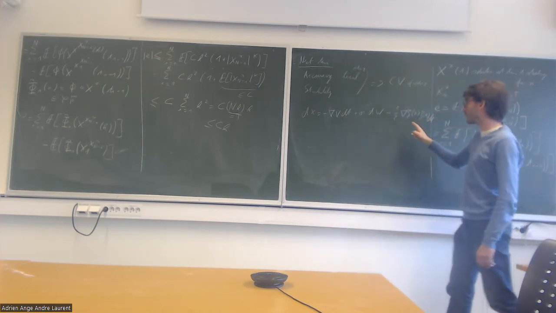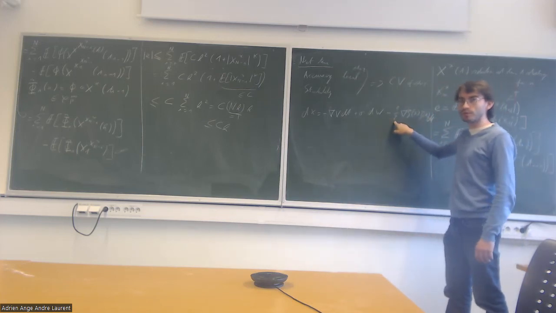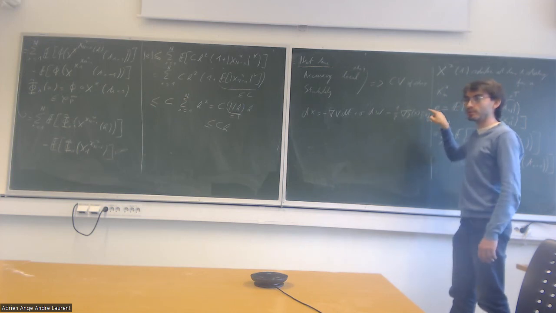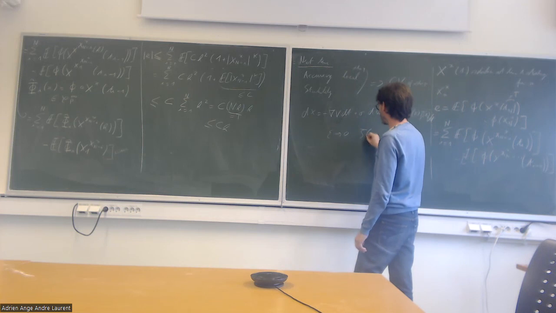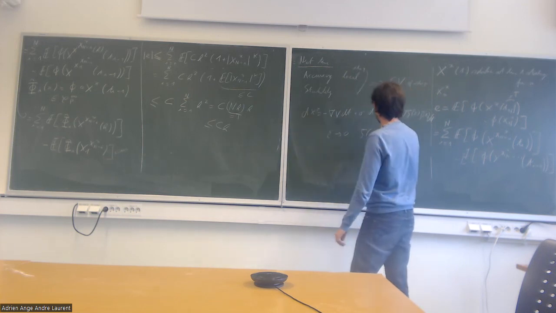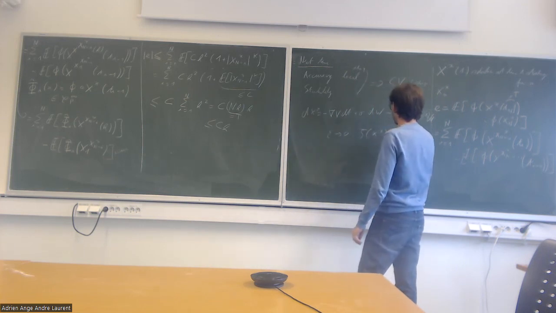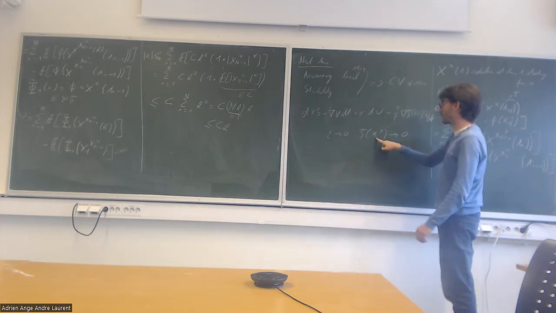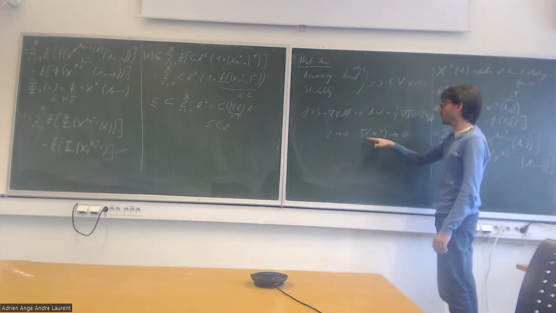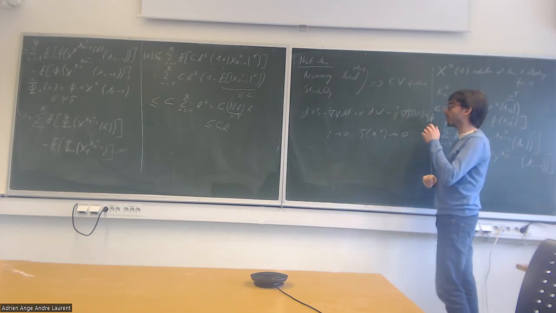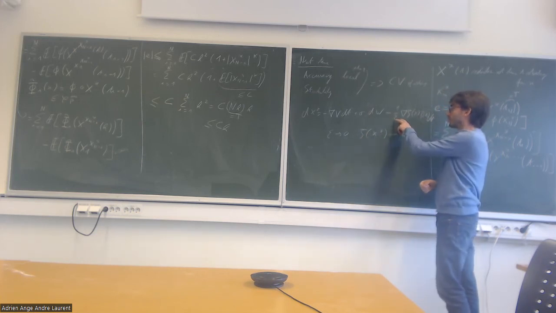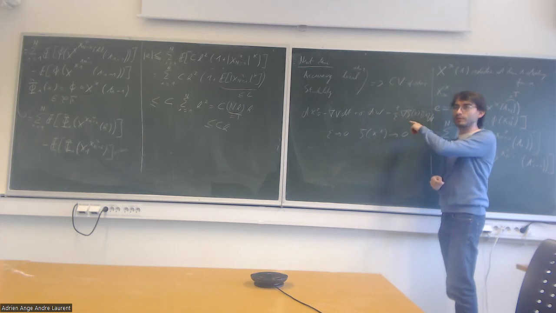And you can show that if epsilon goes to 0, then this has to be 0. So when epsilon goes to 0, x epsilon goes to a manifold that satisfies something. But anyway, if you apply the usual method to this, it will explode badly.